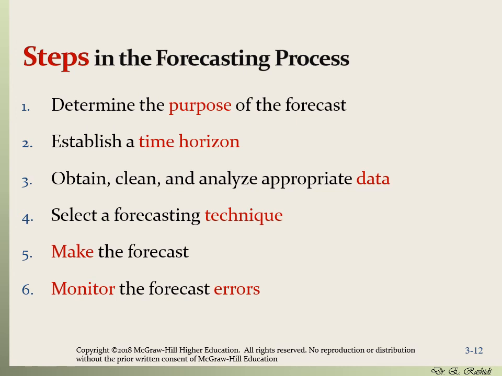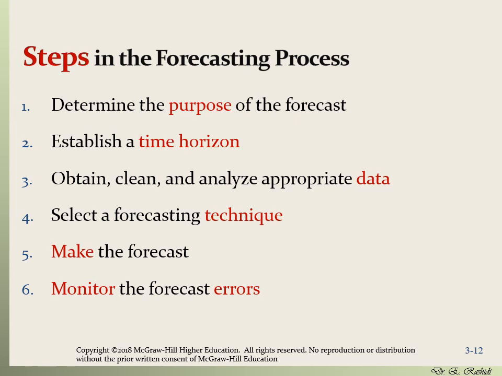After you pick your forecasting technique, you have your data, you have your time horizon, you know what you want to do with it. So you just make the forecast. You make the forecast and you get your result back. It's going to tell you the prediction for the specific variable that you're interested in, for the time horizon that you have picked.